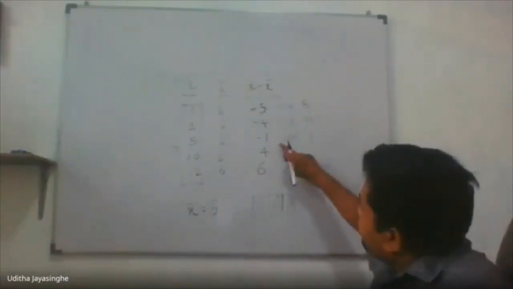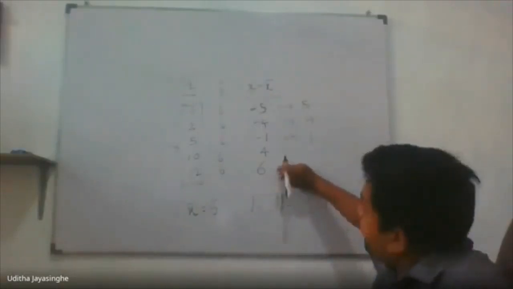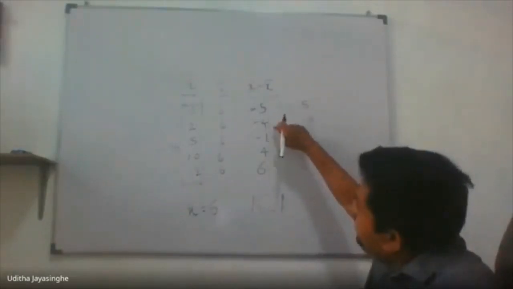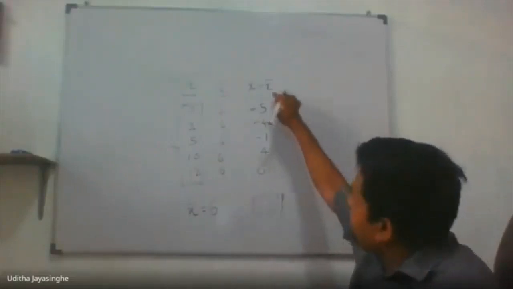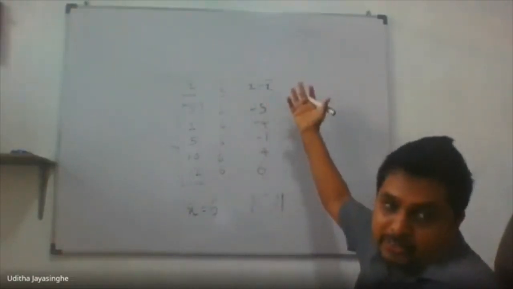Just look at these numbers. 4 and 6, the total is 10. What about negative 5, negative 4, negative 1? This total is negative 10. So if I add in this particular form, I will have nothing but 0.